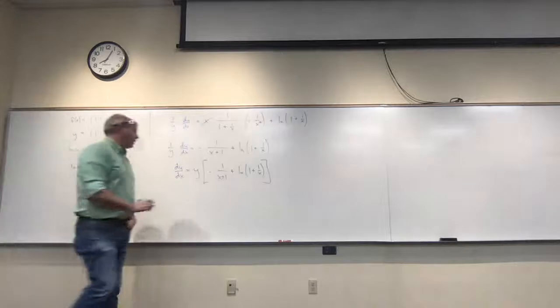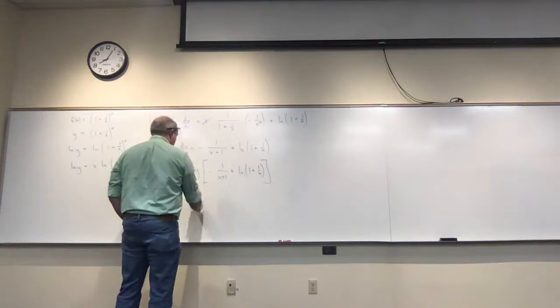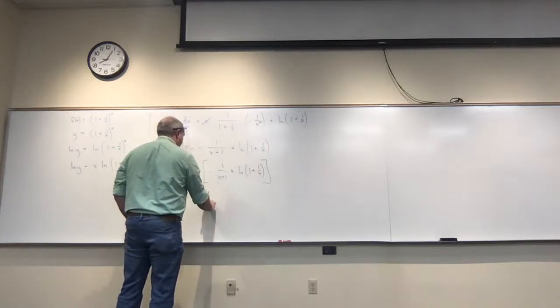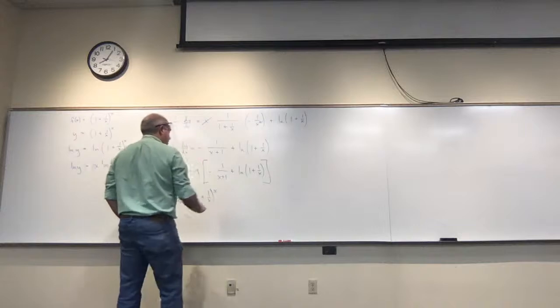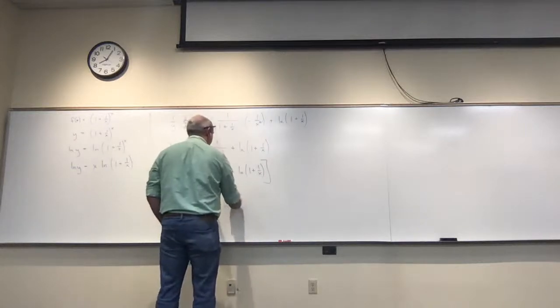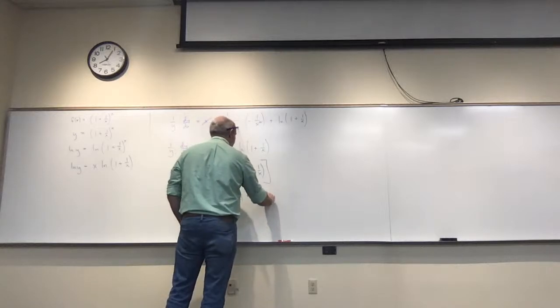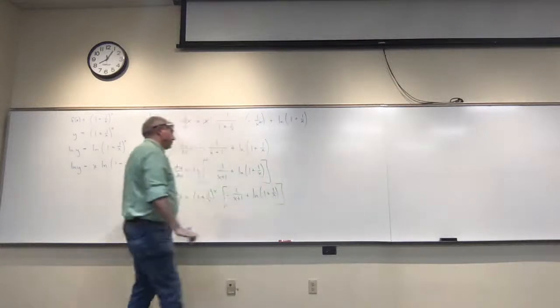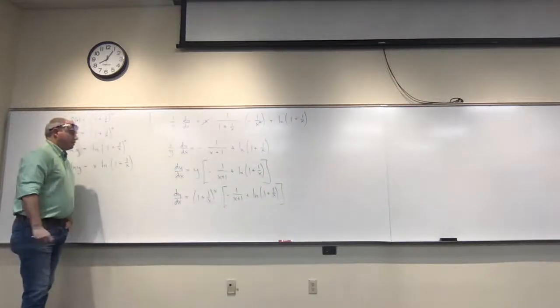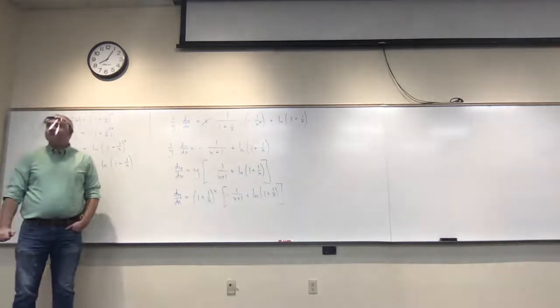So dy over dx is equal to 1 plus 1 over x to the x times all this other stuff: negative 1 over x plus 1, plus ln of 1 plus 1 over x, and close the parentheses. And so that's my derivative function.